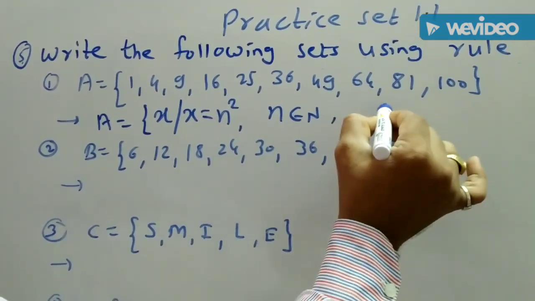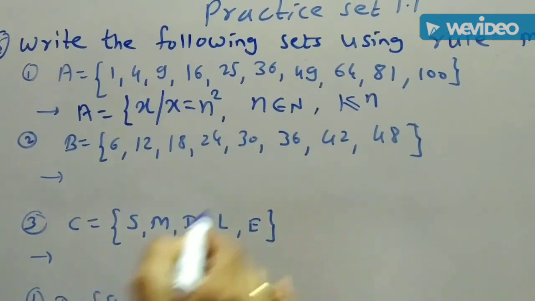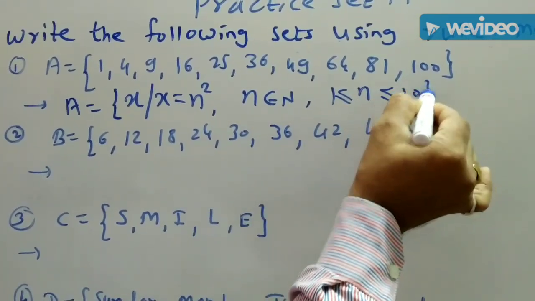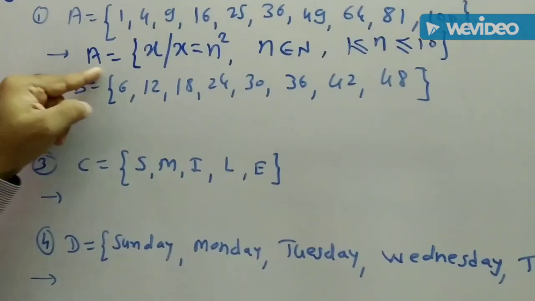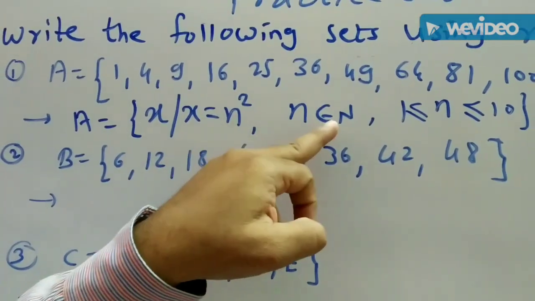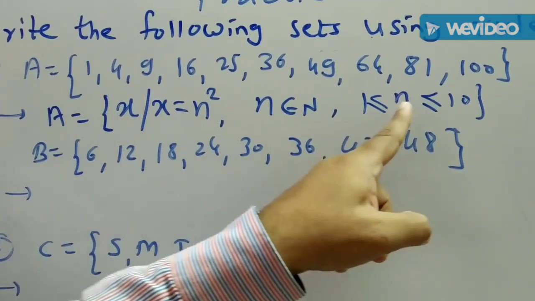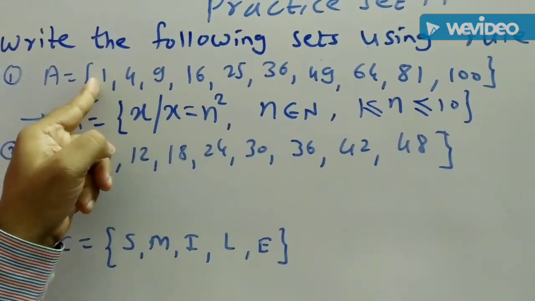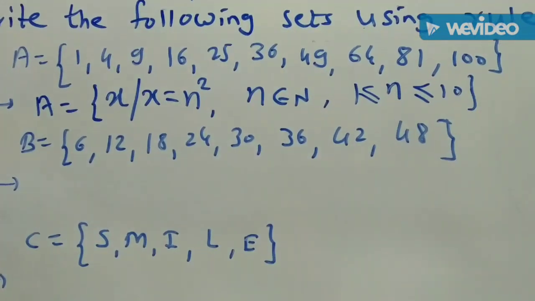Therefore, here we write the values of n: greater or equal to 1, less or equal to 10. This is the rule method. A is the set of x such that x is equal to n squared and n belongs to the natural numbers, and the value of n is greater or equal to 1 and less or equal to 10.